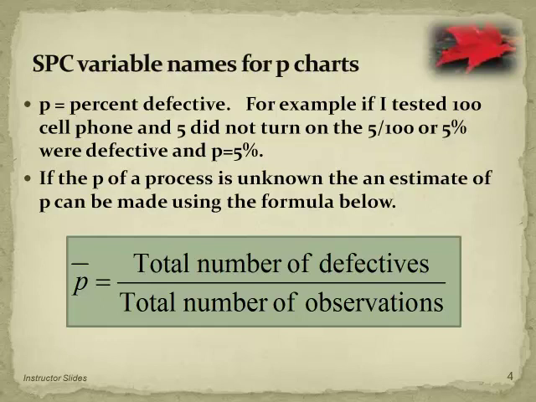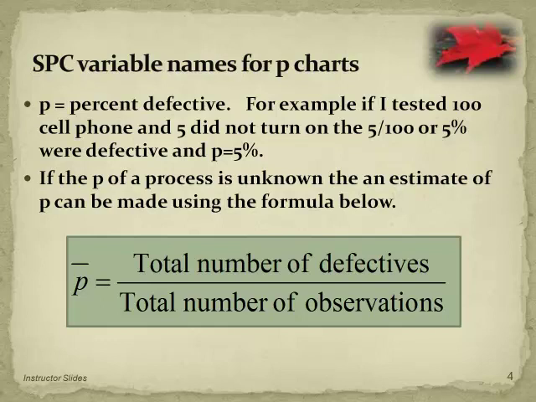So in our process, if this is a process we've been doing for a long time, we may know historically what percentage of our production is defective. But if we do not know what the little p is for a process, because perhaps it's a new process, such as my steak restaurant, and we just don't know what the percentage of defective steaks will be, then we have a formula for estimating the percentage defective.